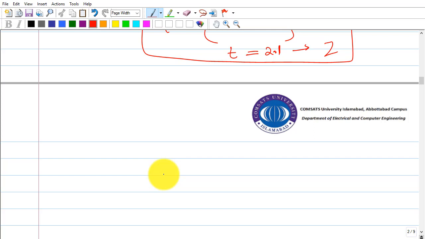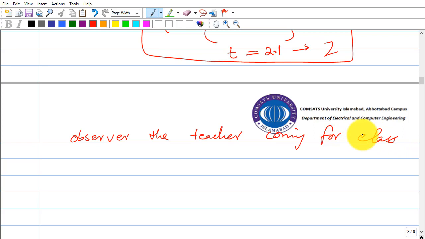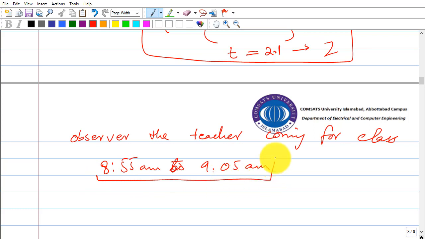That can be understood by another example. Let's observe the teacher coming for class, and we always see that a teacher arrives between 8:55 a.m. to 9:05. So the teacher takes this interval to reach the class at any time.